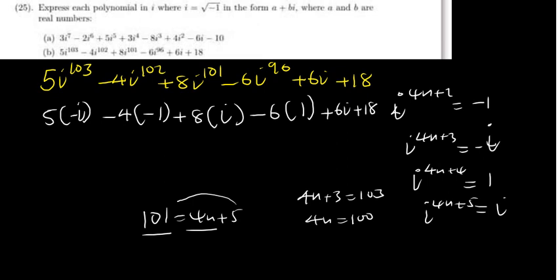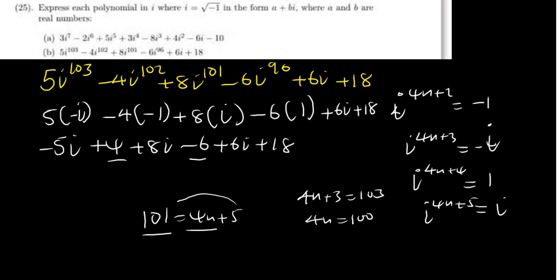So this is negative 5i plus 4 plus 8i minus 6 plus 6i plus 18. Then add like terms. 4 minus 6, that's negative 2, plus 18, that's a 16.